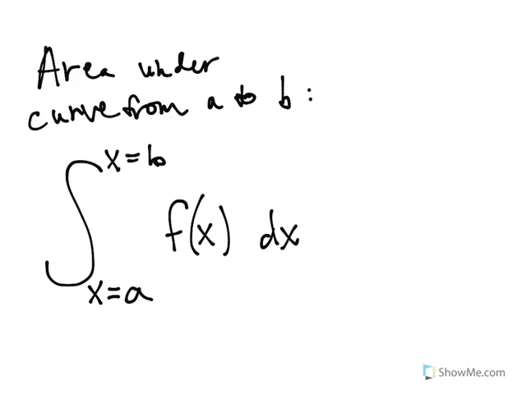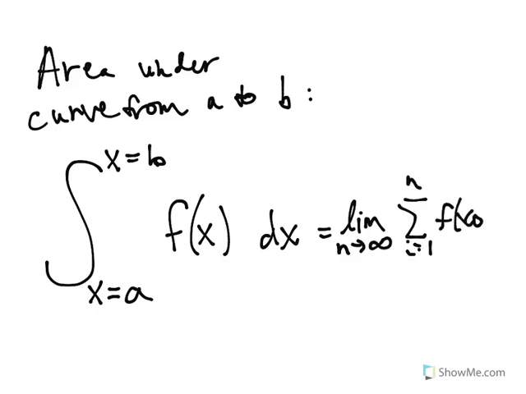Now, we've seen some of this notation before, and this means the same thing as what I had on the last page: the limit as n goes to infinity of the sum from i equals 1 up to n of f of x subscript i times delta x.